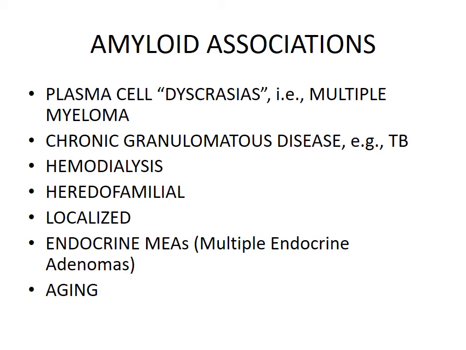Amyloid associations. Amyloidosis is subdivided broadly into systemic, generalized, and localized tissue-specific forms, and is further classified on the basis of predisposing conditions.